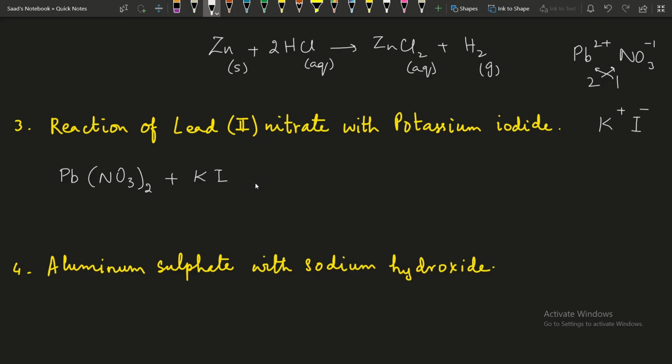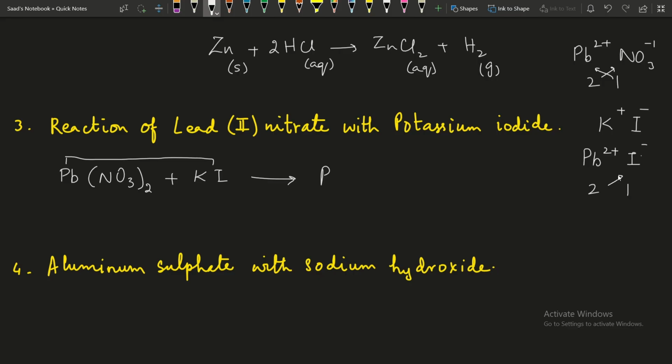Now when the reaction takes place between them, the lead will combine with iodine to form lead iodide. Again, lead has a charge of positive 2, iodine has a charge of negative 1. So what would be the formula for lead iodide?